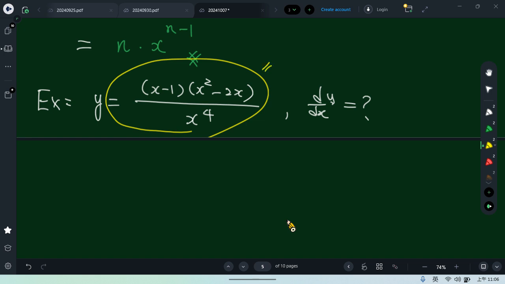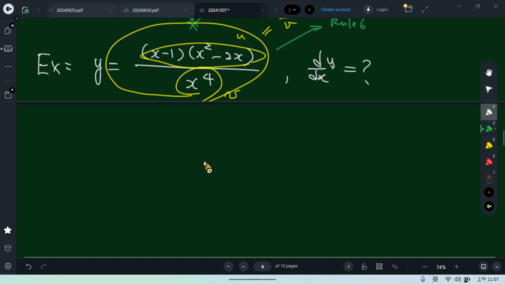Rule number 6 is about u over v, right? Here is v, here is u. But if you use rule number 6, you can find the calculation will become a little bit complicated.